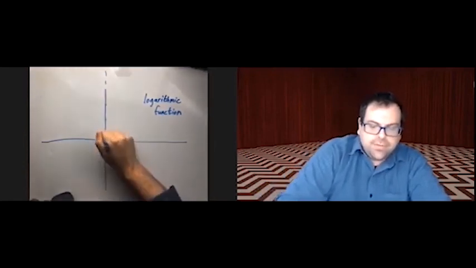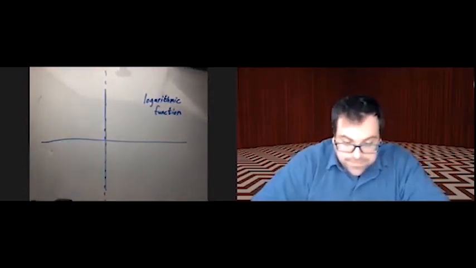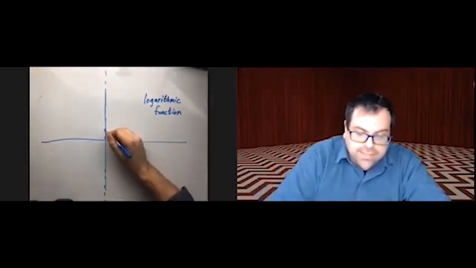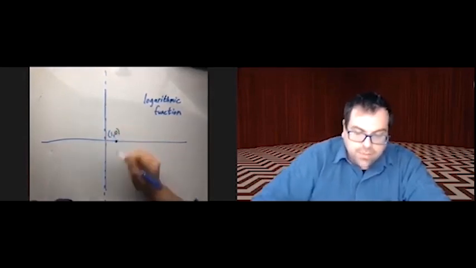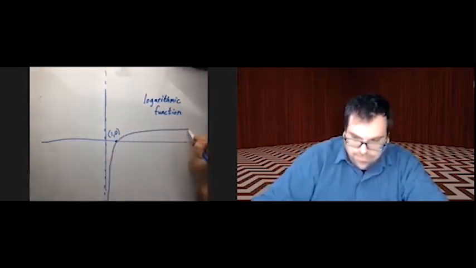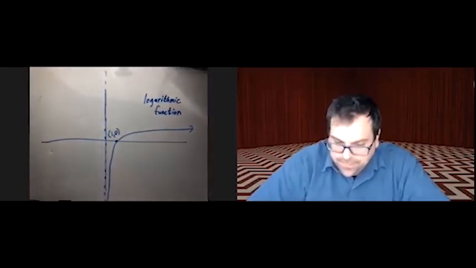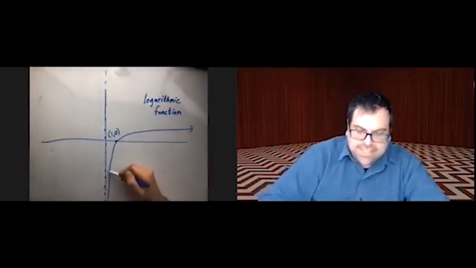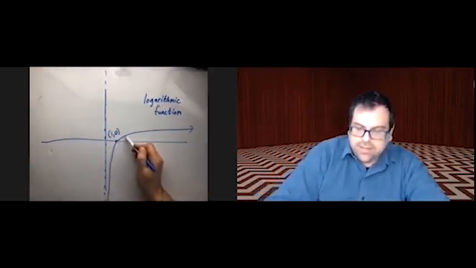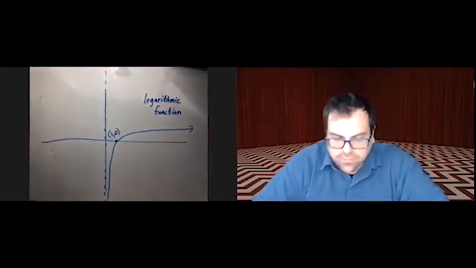This one has its asymptote on the vertical axis, the y-axis. Instead of always having its point at 0, 1, it'll always have its point at 1, 0. And it looks like this. It rises very steeply to the left of 1, 0, but then grows extremely shallow as we move to the right.